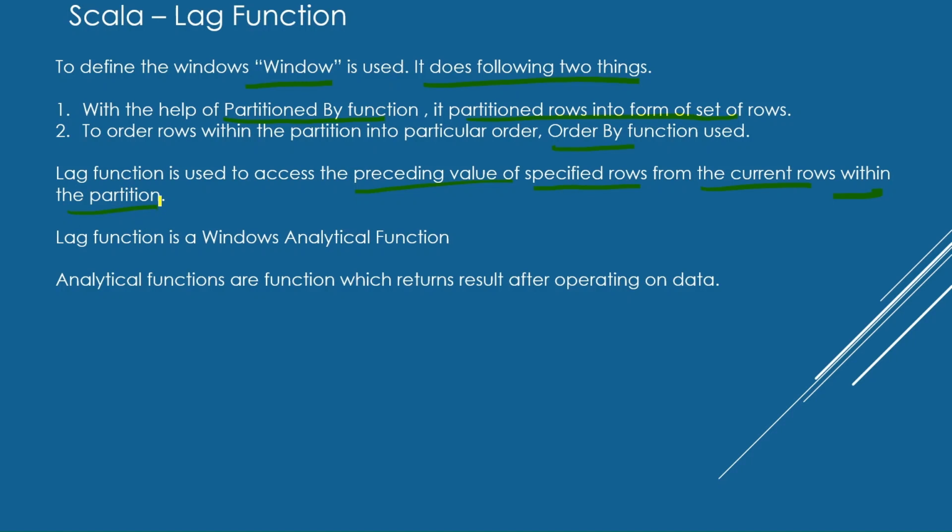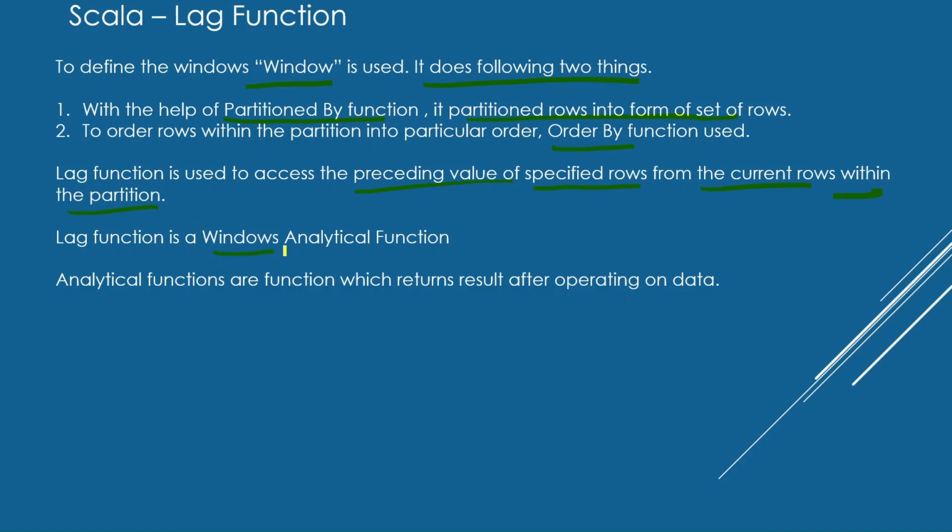Just wait till I complete the exercise. In that exercise, I will show you how the lag function fetches the preceding value of a specified row from the current row within the partition. Just be with me till I complete the exercise.